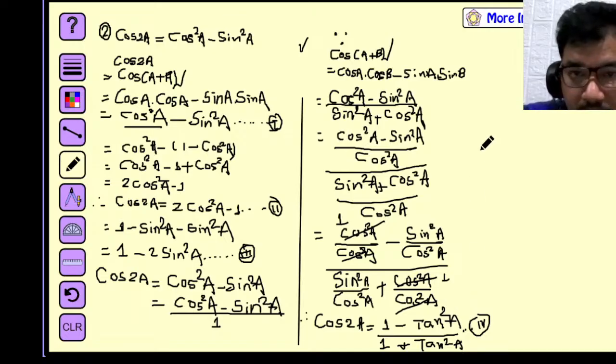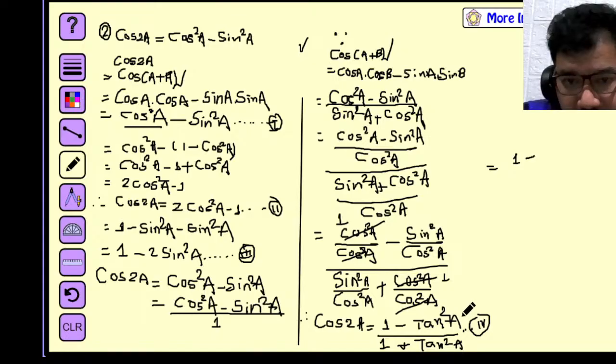I am writing 1 minus, in place of tan square, we can write 1 by cot square a, because cot square a is the reciprocal, and the whole upon 1 plus 1 by cot square a.